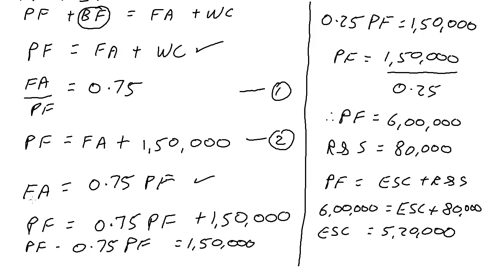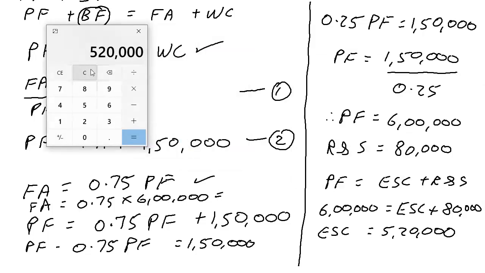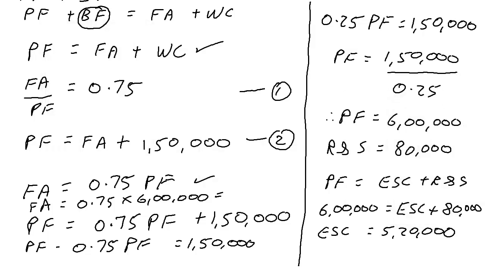Fixed assets I do not know, but I know it is equal to 0.75 into proprietor's fund, which is 6 lakhs, and therefore we take 0.75 into 6 lakhs and we get 4,50,000.